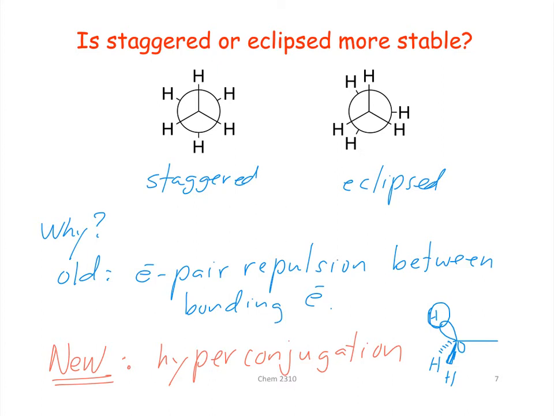Okay? On the other side of the more stable one, we're going to look not at the sigma. So this is a sigma. But we're going to draw out what would be this sigma star. So what does the sigma star represent? It's the antibonding orbital, right? Here, let me do this better. Okay, so let's see. I'm going to do this a different color. How would the sigma star orbital for this bond right here be oriented?